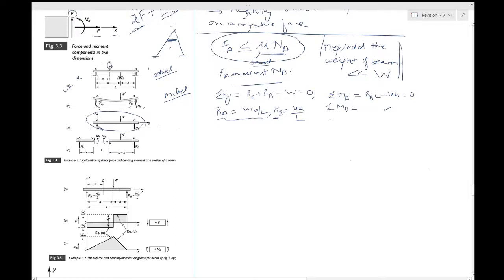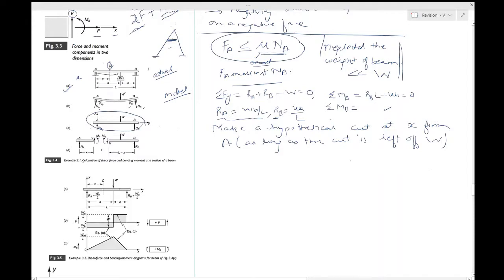Okay, so the way to proceed is this: make a hypothetical cut at X from A, as long as the cut is left of W. So you want to make a cut anywhere you want from here until this point.